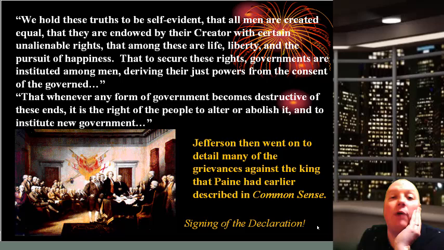And that they are endowed, meaning given by their Creator, and that be God, that they are given by God certain rights that can't be taken away. That's what inalienable means, rights that can't be taken away. And that among these are life, liberty, and the pursuit of happiness. So these are rights that we all have naturally, and they're from God, and they can't be taken away by anyone.